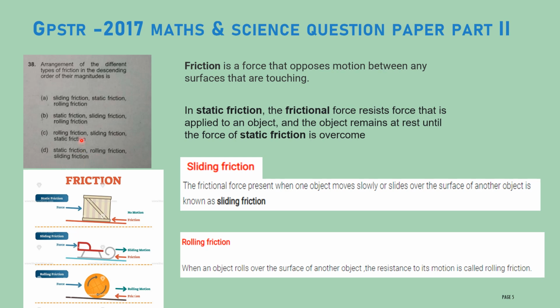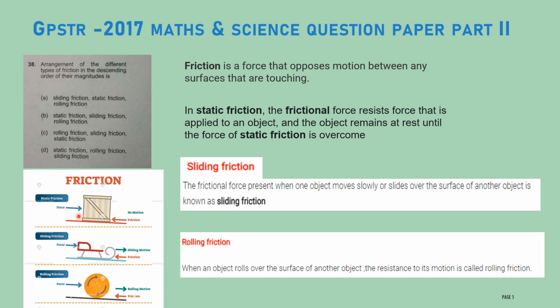To answer this question, you have to know what is meant by friction and also the types of friction. Here, what is meant by friction? Friction is a force that opposes motion between any surfaces that are touching. When any two surfaces are touching, they will create friction.